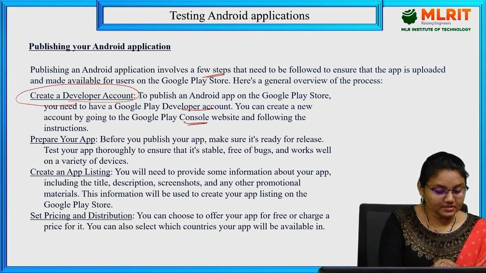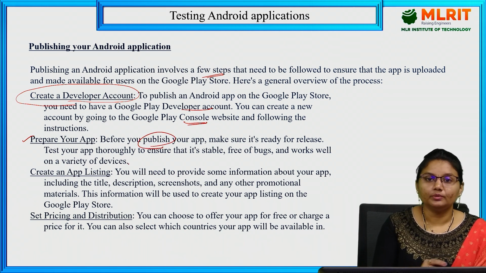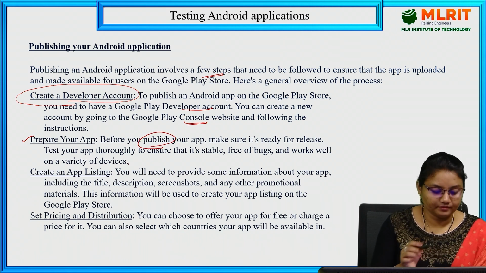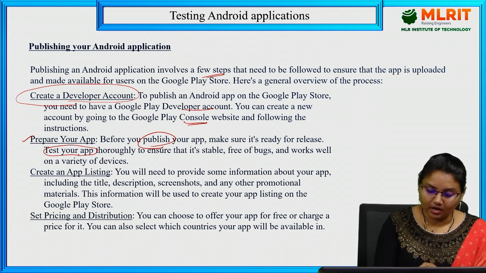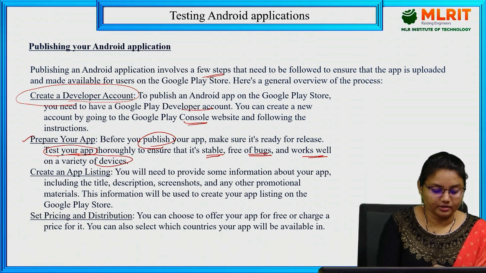Okay. Once it is created, prepare your application. Before publishing, you have to make your application ready for release. So test your application thoroughly to ensure it's stable, free of bugs, and works well on a variety of devices.